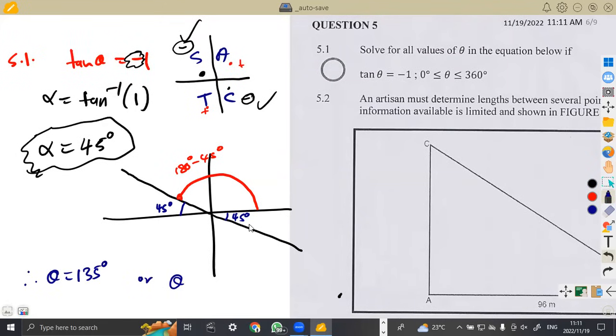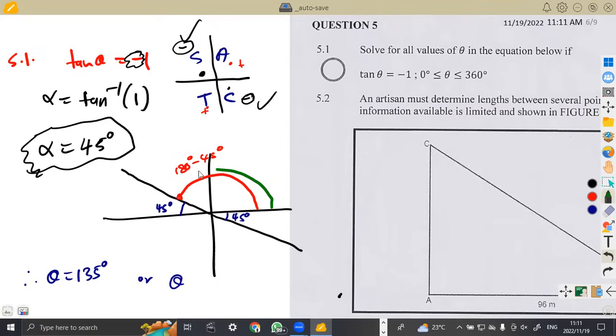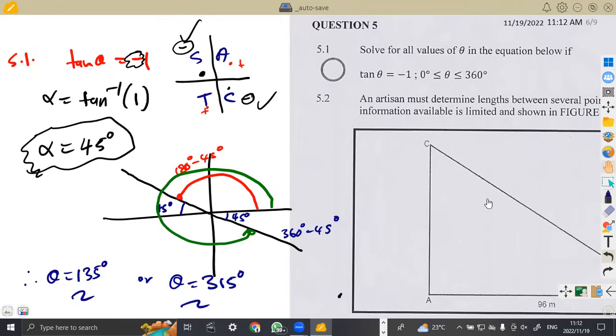Or another theta, from this part up to this part here, is going to be 360 degrees minus 45, which is 315 degrees. So these were the values of theta: 135 degrees, and the other one is 315 degrees. Okay, so that was it.